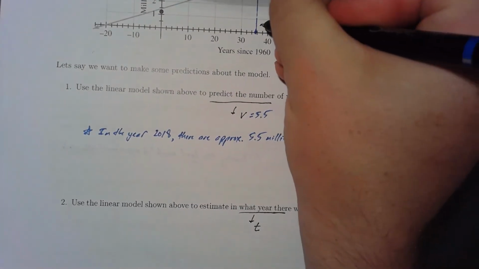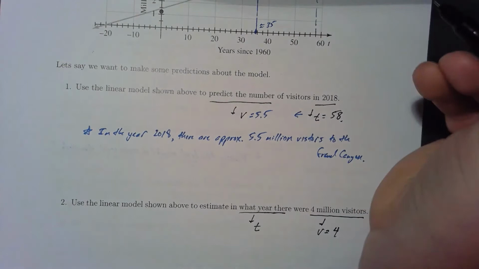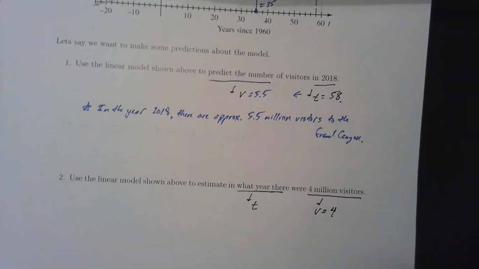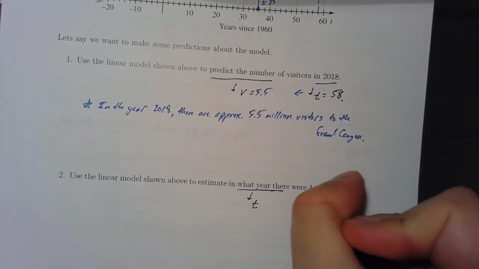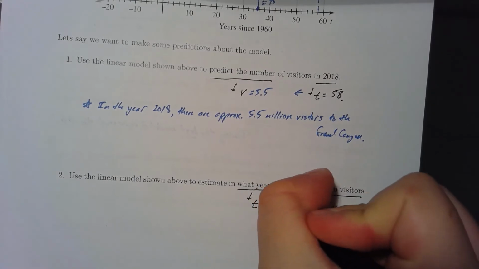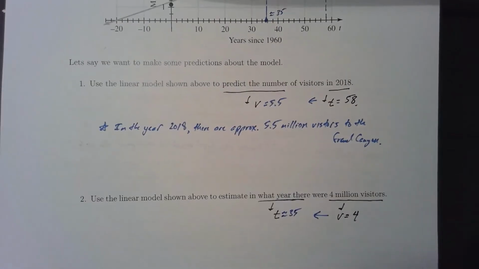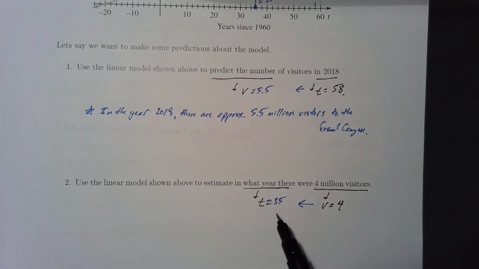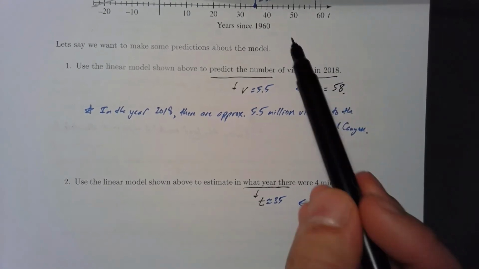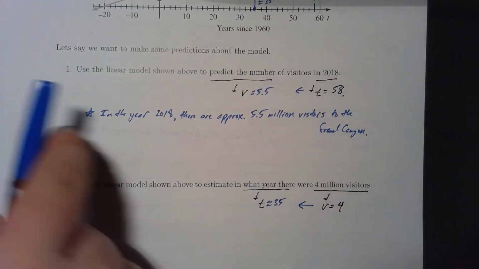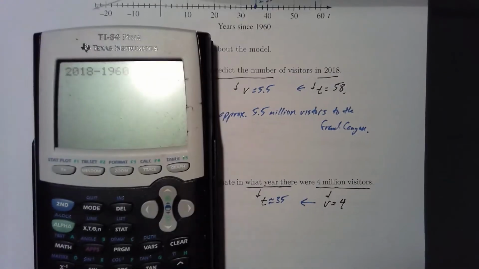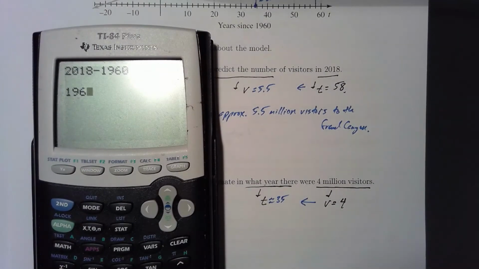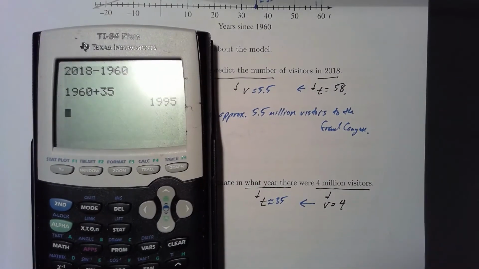So that's roughly 35. So I'm going to say that that is roughly 35 years. So this is 35 years since 1960. So what year is that? Just add 35 to 1960. And that's the year 1995.